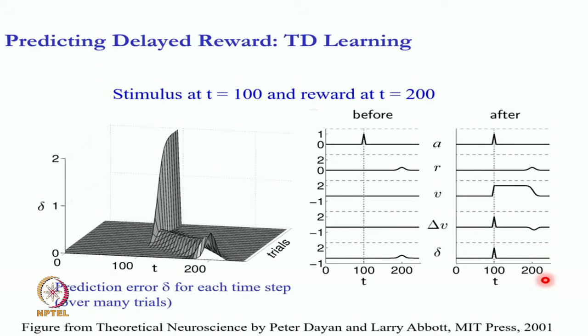Now, here is what people observed, that your happiness level is completely dependent on this delta, the TD error. So, your TD error tells us how happy you are going to be or how sad you are going to be. And where is the TD error?